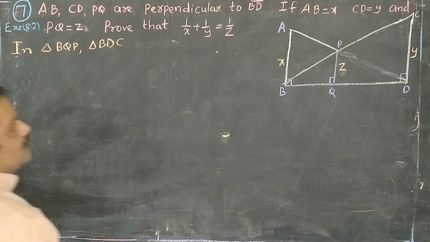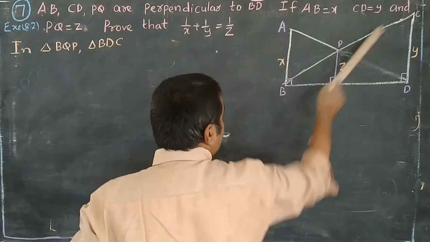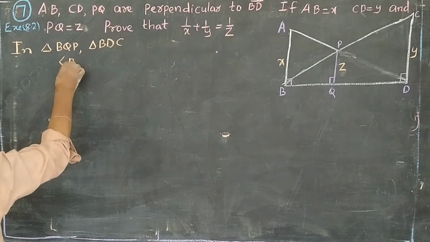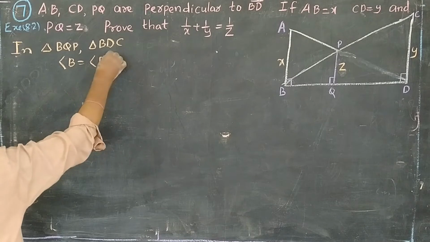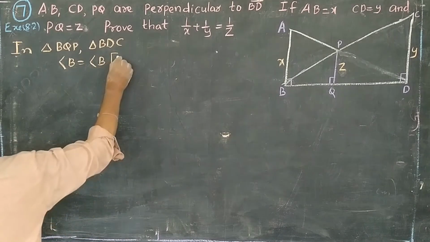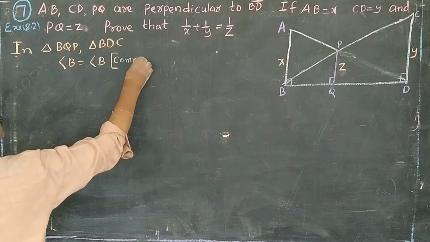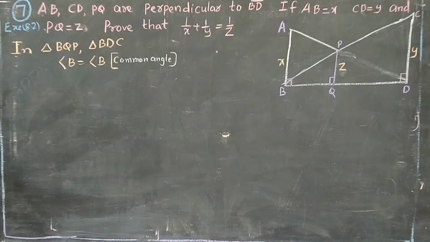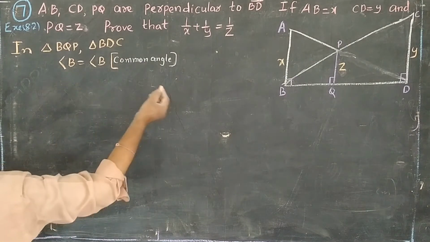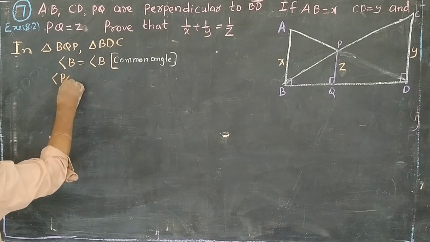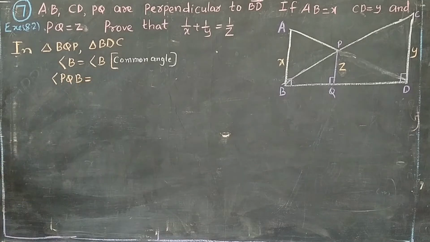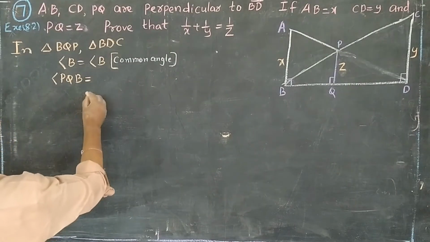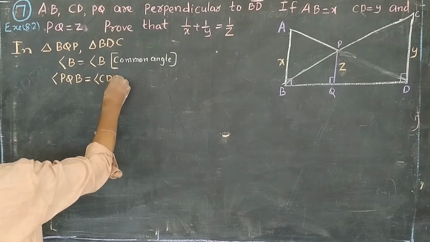In these two triangles, which parts are equal? First of all, for the small triangle and the biggest triangle, B is the common angle. Angle B is equal to angle B. How, sir? Because they are the common angle. And next, angle PQB is equal to angle CDB. How?